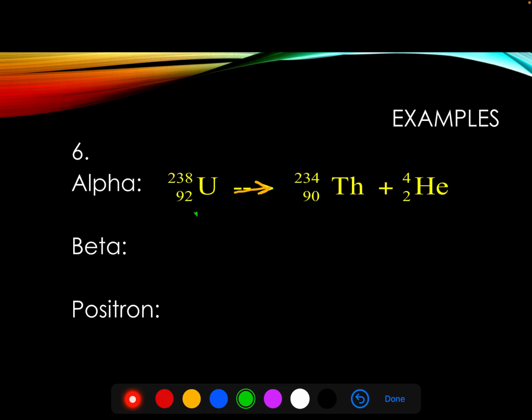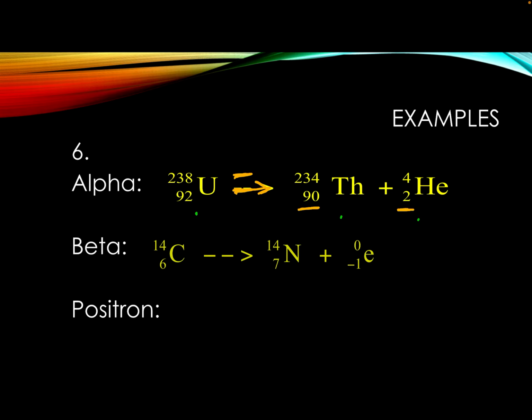So again, uranium-238 releases an alpha particle to become thorium-234. If you follow this formula, you can think of the arrow as an equal sign. 90 plus 2 equals 92. 234 plus 4 equals 238. That's how we do these equations.